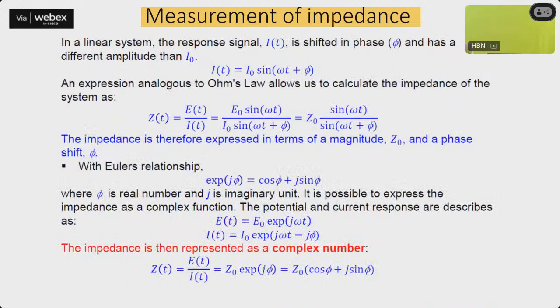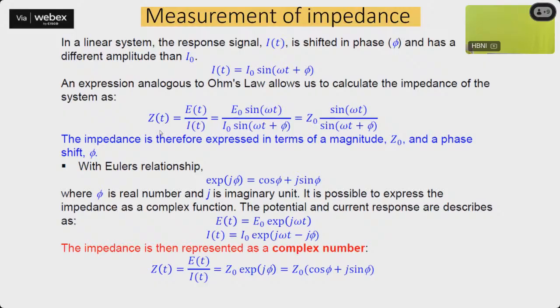Please understand that in a linear system, the response signal I(t) is shifted in phase by phi and has a different amplitude than I0. So I(t), the current you are getting, is a function of I0 sine (omega t plus phi). The sine omega t was originally there, and this phi is nothing but the phase shift. Now what you get is an expression analogous to Ohm's law, which allows us to calculate the impedance.